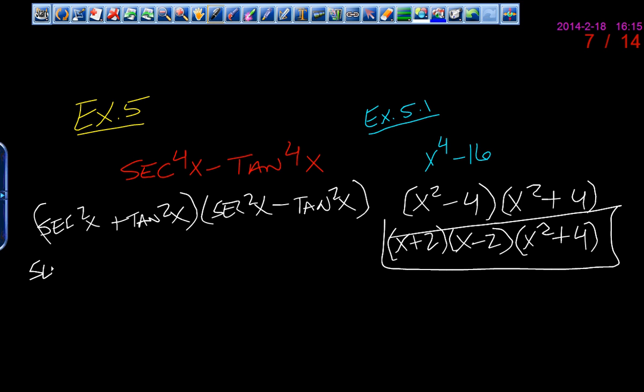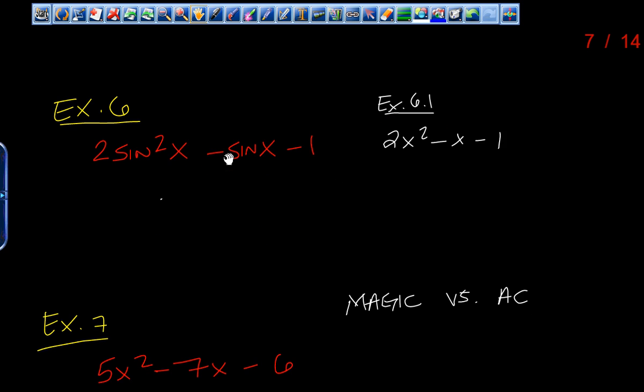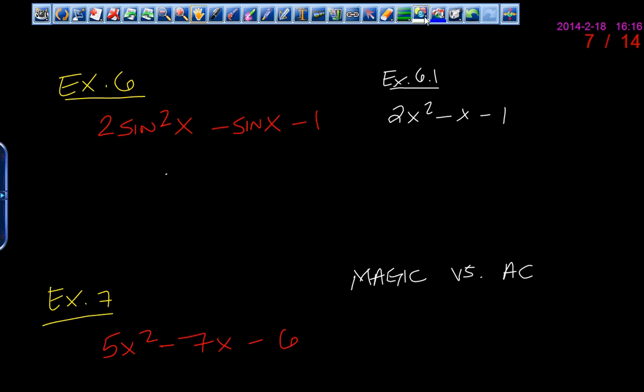So my first part stays the same. And then my other part, we can break that down to secant x minus tan x, secant x plus tan x. I'm going to try and squeeze it in here. Alrighty, that's that one.